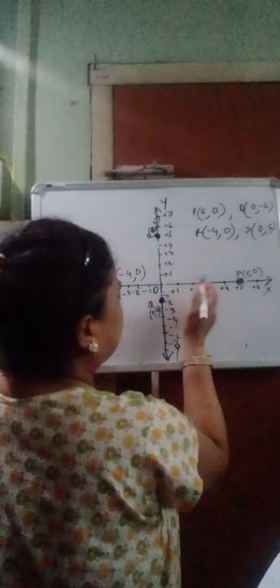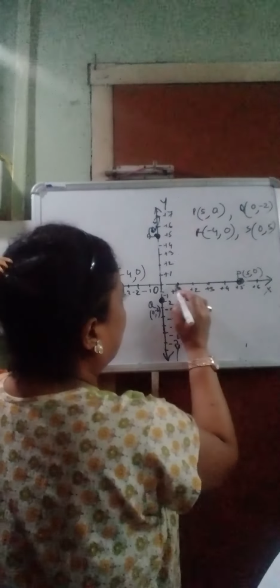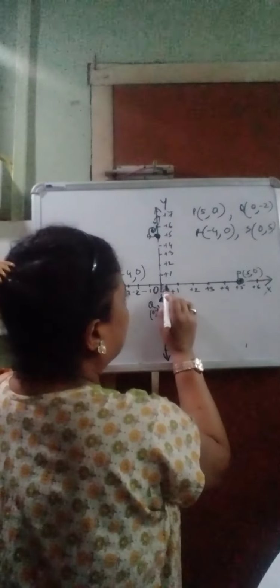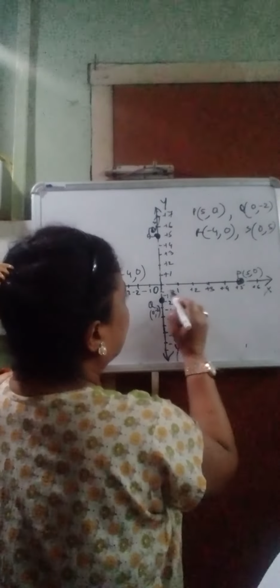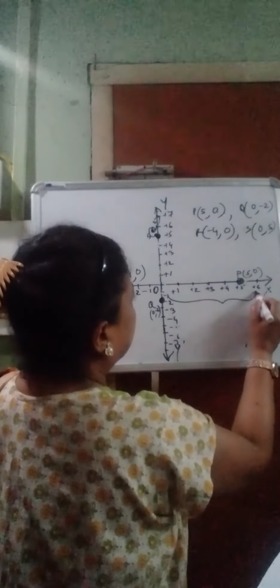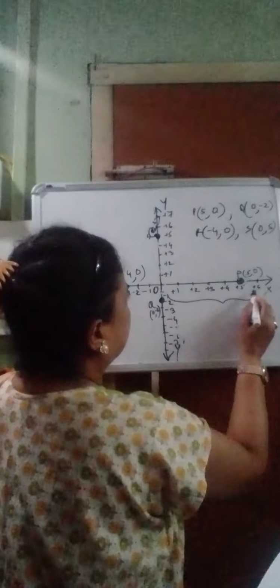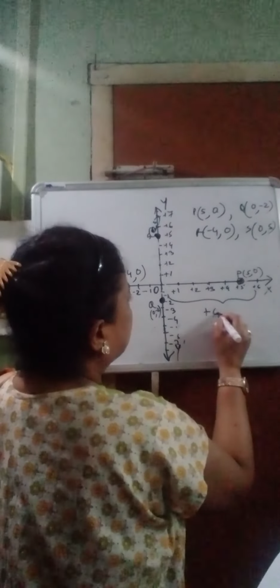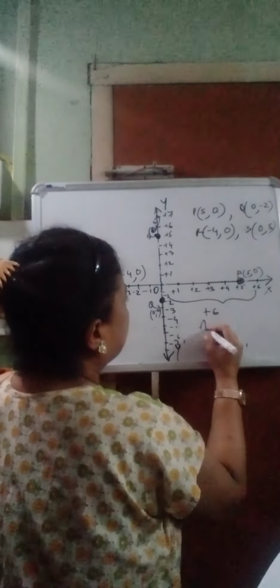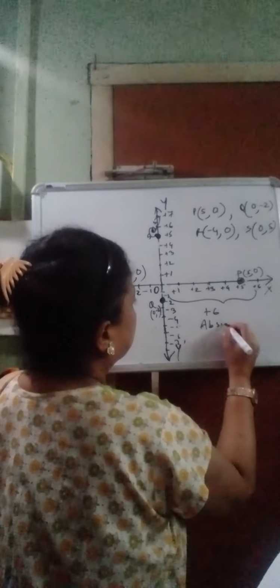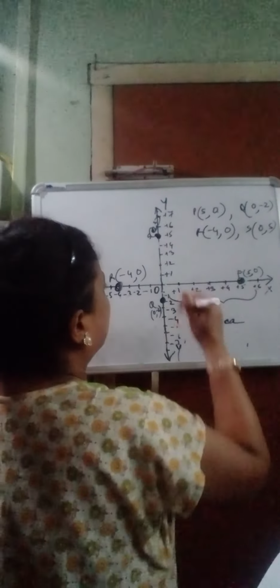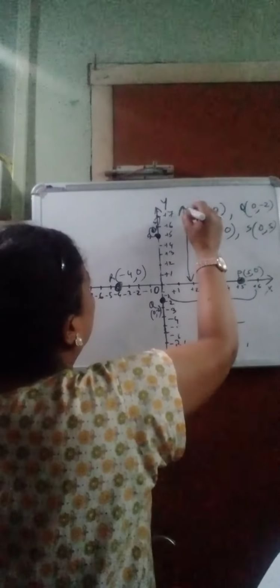That means as much as we go from the Y-axis, suppose this is the distance, say plus 6, that distance is called the abscissa. And the distance from the X-axis in the Y direction is called the ordinate.